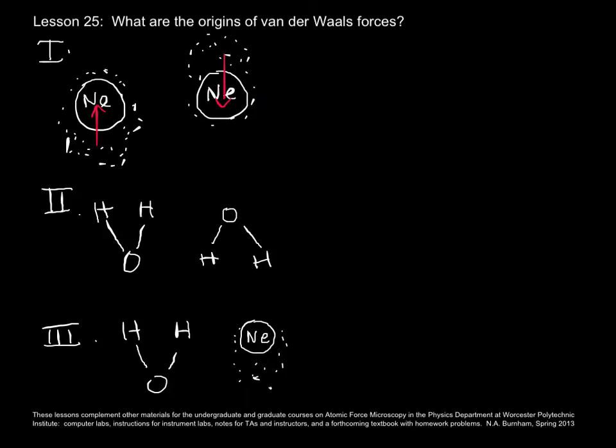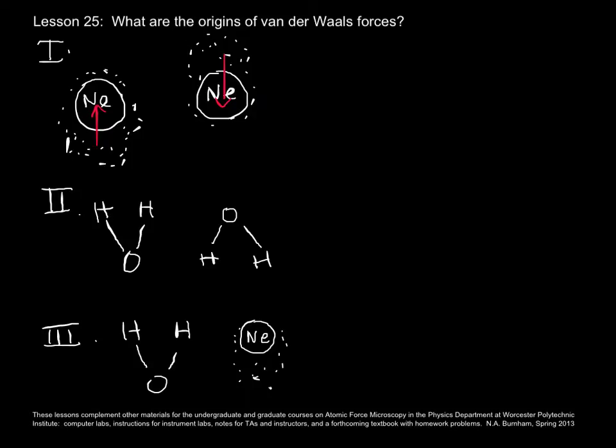And that would be their natural configuration. This is the lowest energy state of dipoles, is to be pointing in the opposite directions, because the positive ends attract the negative ends, and vice versa.